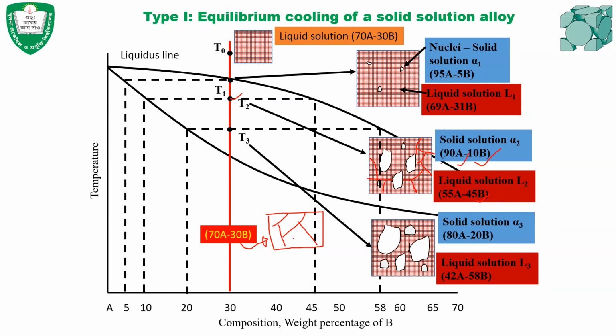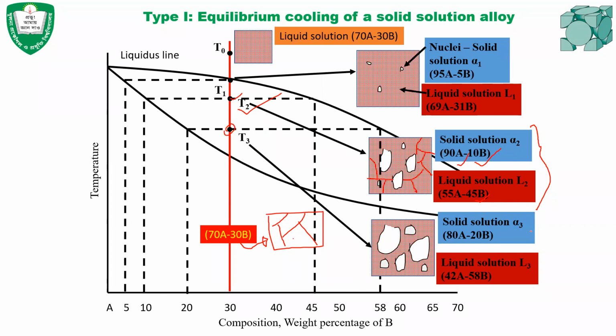That is why we need to study this phase diagram, to get a wide range of properties. For example, when you cool it from temperature T2, you will get one composition, and this composition will show a different mechanical property than when you cool it from temperature T3.